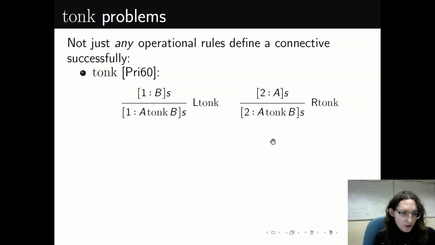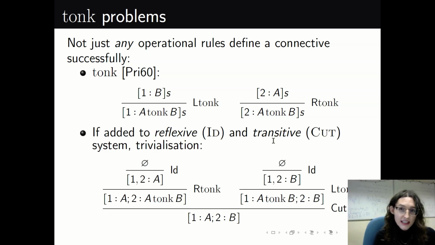And as I'm sure most of the listeners will be aware of, if we add these rules to a reflexive and transitive derivability relation, a reflexive and transitive sequent calculus, i.e. one with identity rules and cut rules, we'll realize, oh goodness, the system is trivialized. We can prove any formula from any formula.